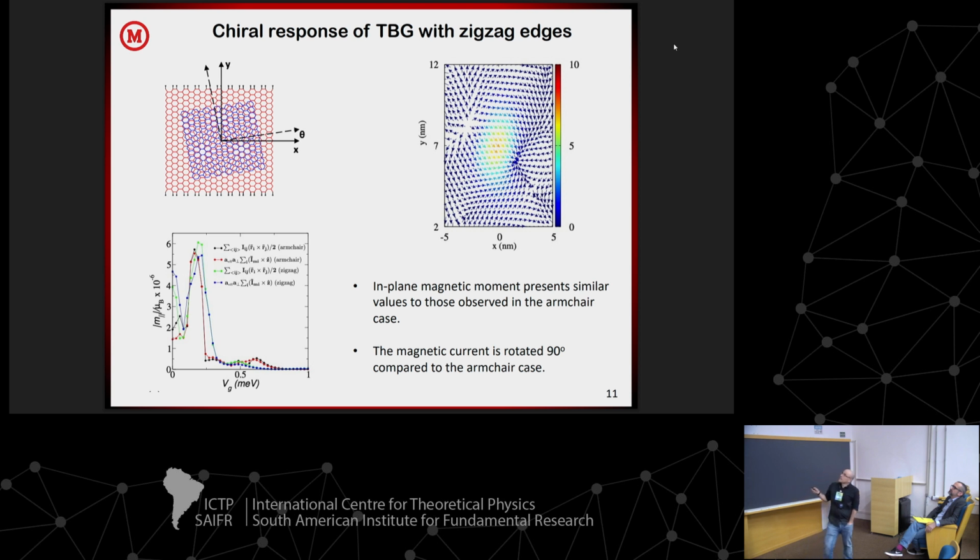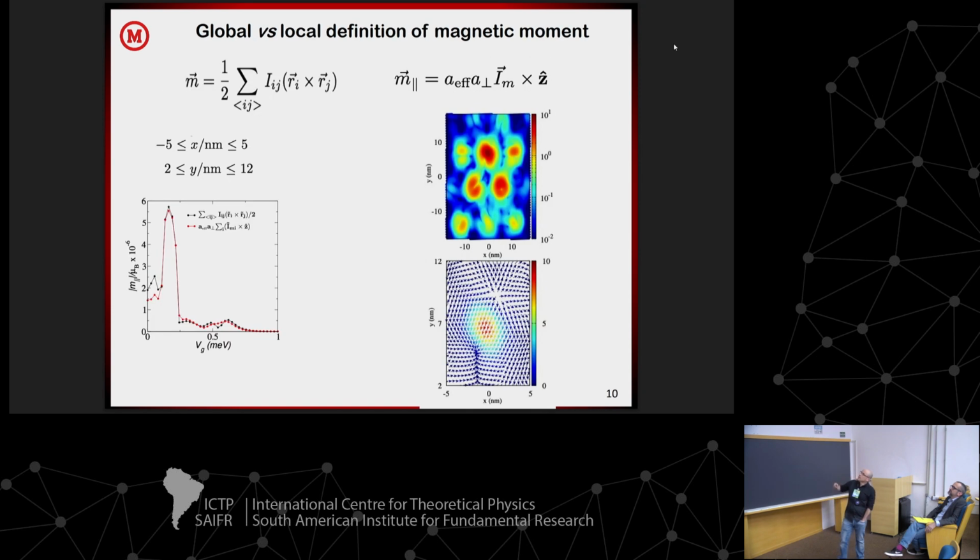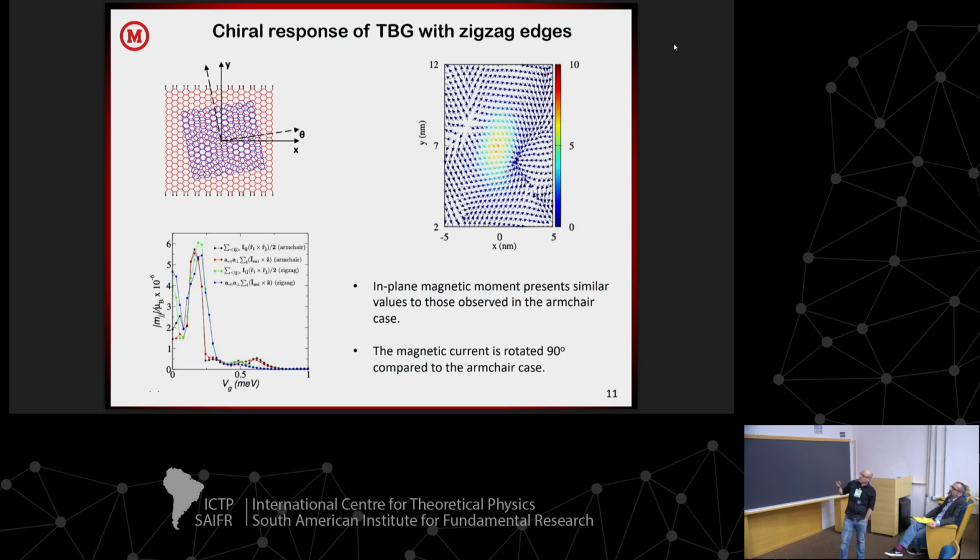And when we plot the magnetic current, you can see that the magnetic current is now rotated 90 degrees. So the current was rotated, and the magnetic current, that is the current that is exciting the magnetic dipole, changed in response.